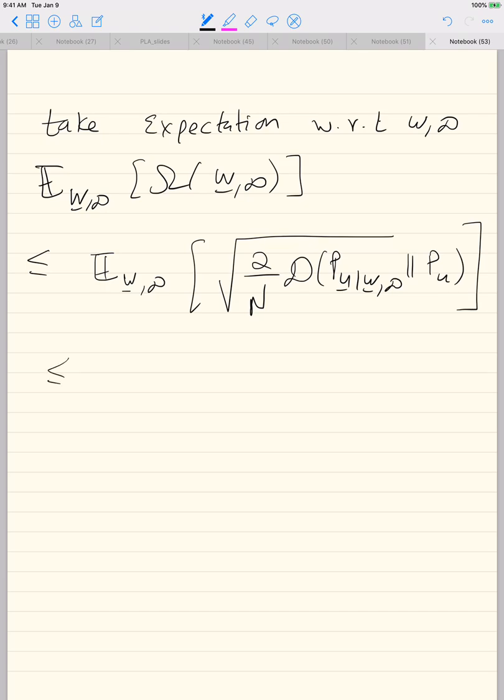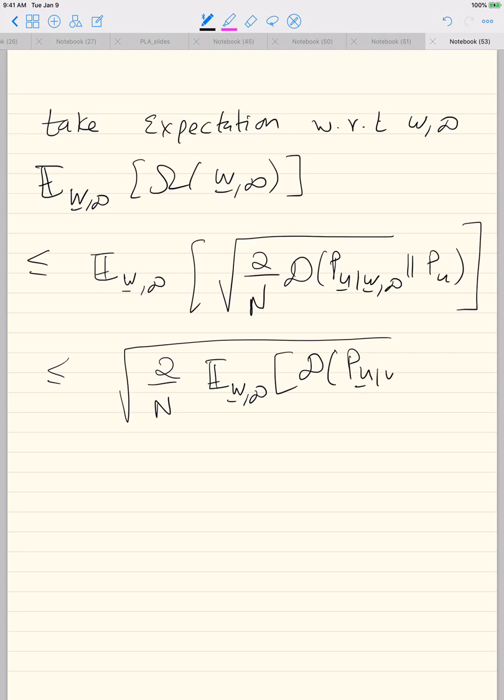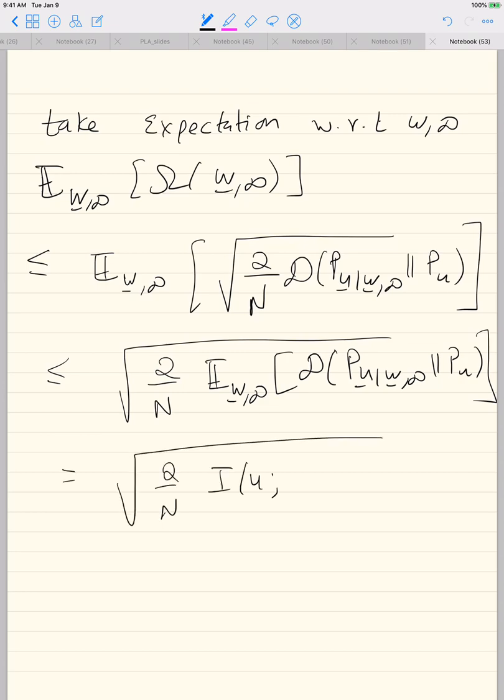I can bring the expectation inside using Jensen's argument that we discussed last lecture. And this is now the mutual information between u and W comma D. Okay?